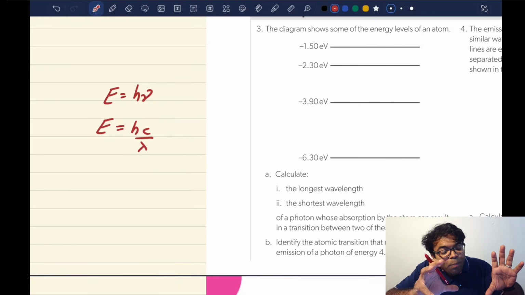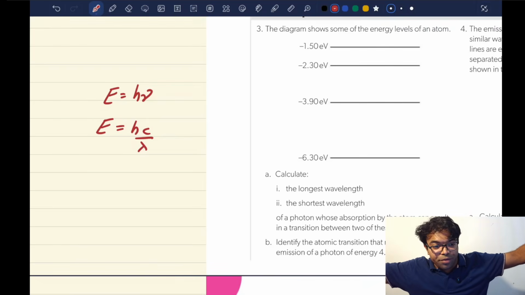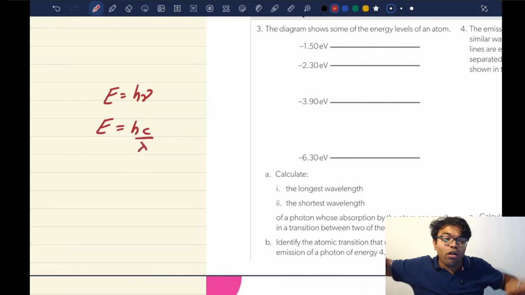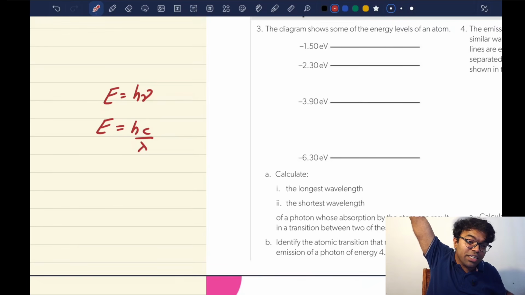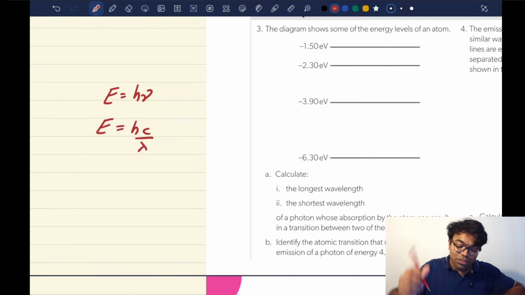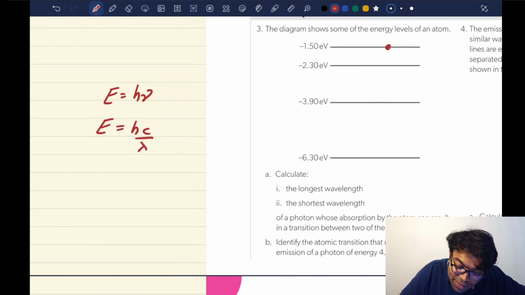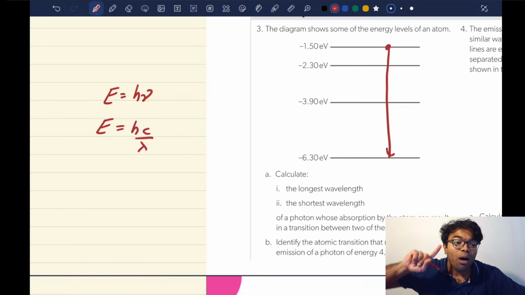If you want maximum radiation to come out, you need to fall from a large enough height. So from this height, if you drop straight down, you will get the maximum energy possible.